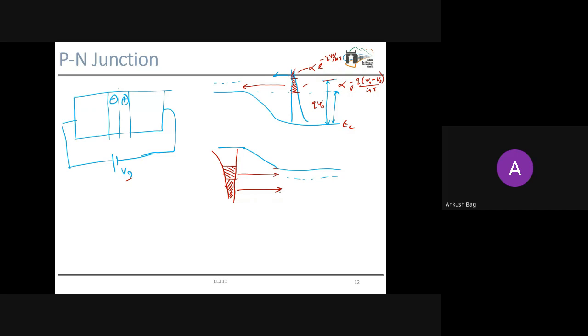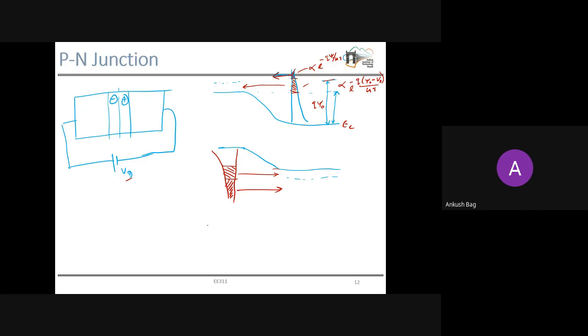Now what will be the net flow? Net flow means the net flow due to this forward biasing. This was the electron crossing before, and now there are the additional electrons crossing due to forward biasing.